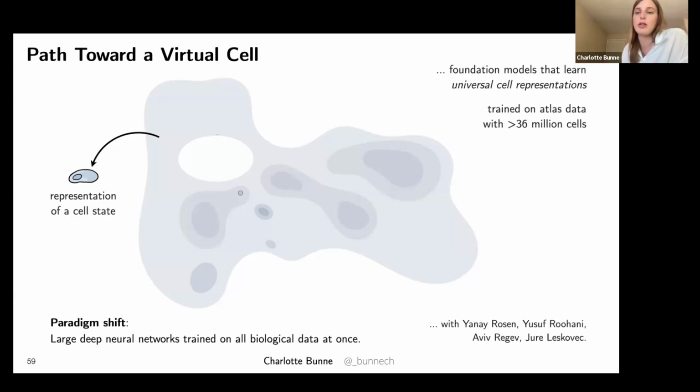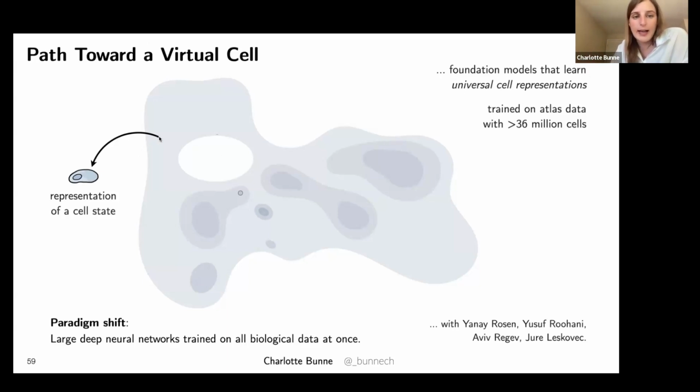It gives us much more information on the underlying biology than simply studying a problem from a single data set type. One way of doing so is by learning a foundation model that has a good representation of a cell state, something people call a universal cell representation, or whatever name you give it.